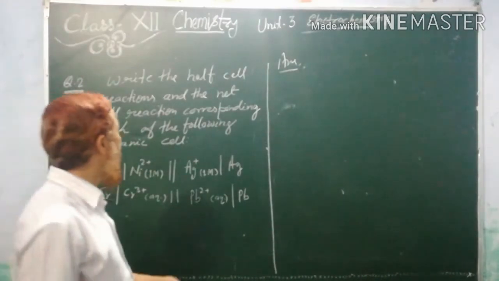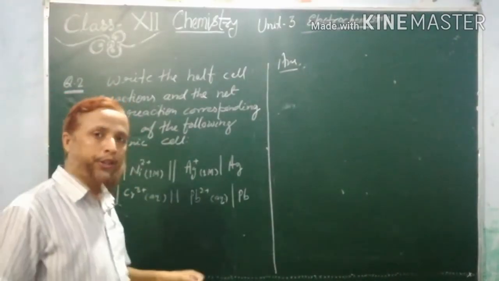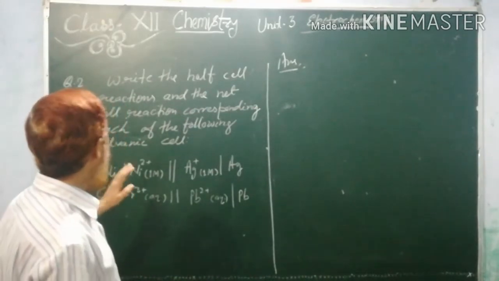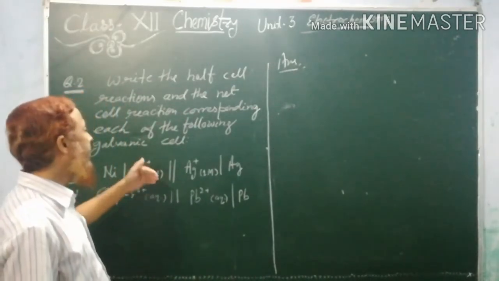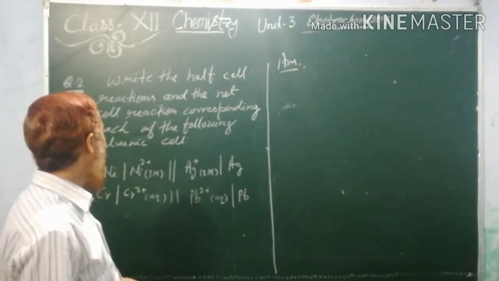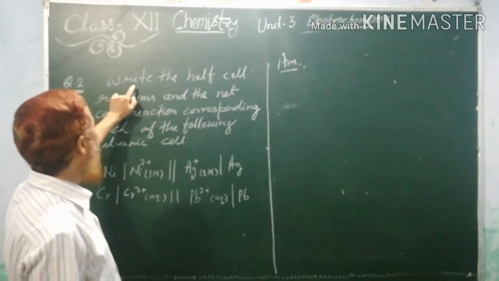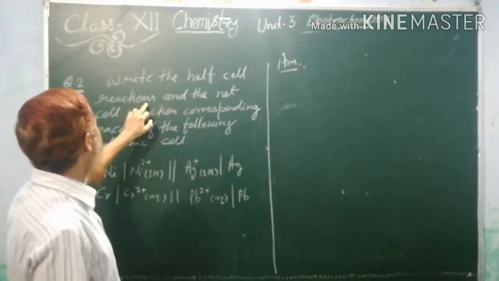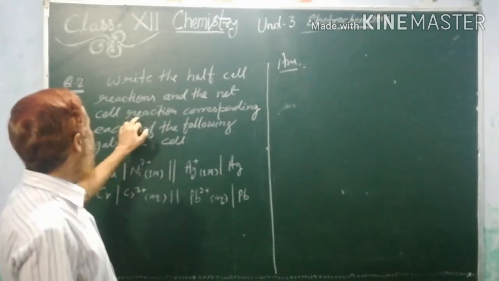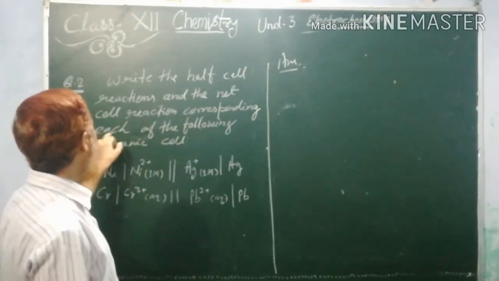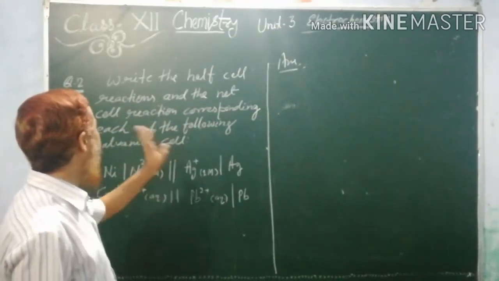Okay friends, this is another type of question in which you have to write the half cell reactions and net cell reaction. The question is, write the half cell reactions and the net cell reaction corresponding to each of the following galvanic cells.